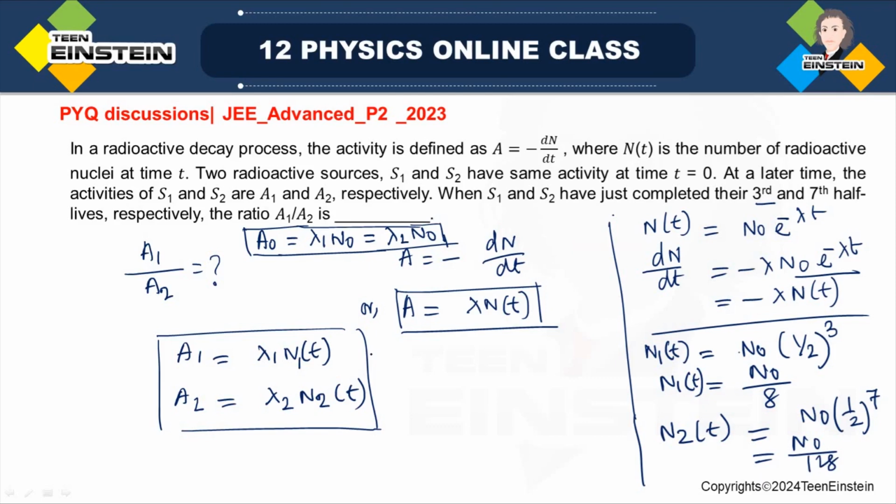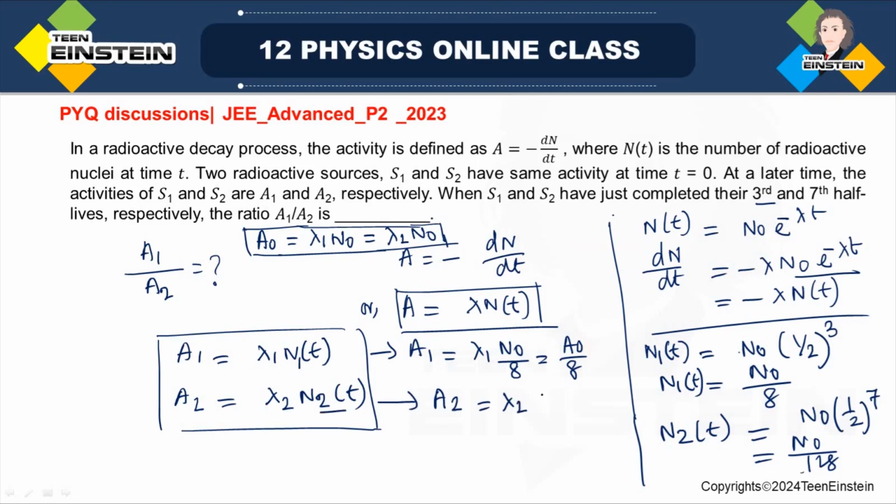So if we put this here, I get A1 is equal to lambda 1 N0 divided by 8, that means this is A0 by 8. For the second sample, I can write A2 is equal to lambda 2 into N2.